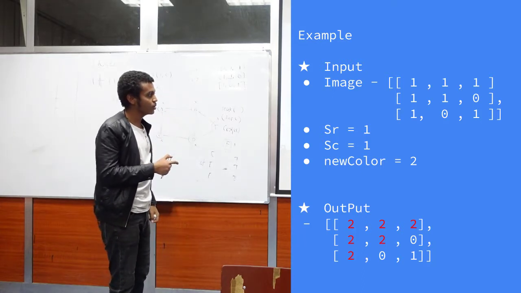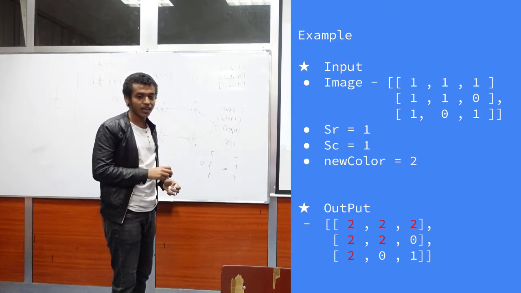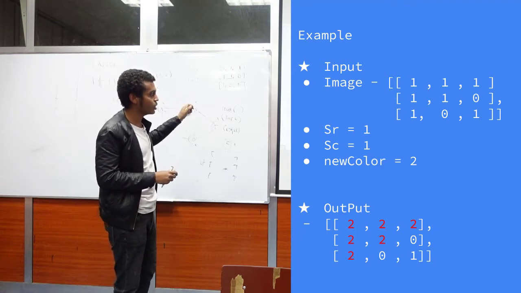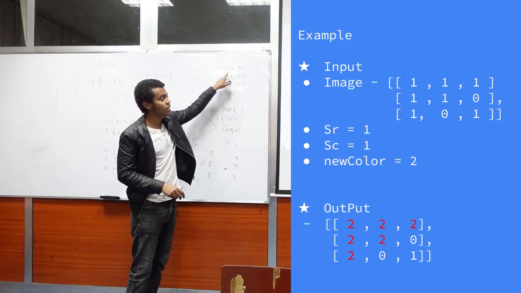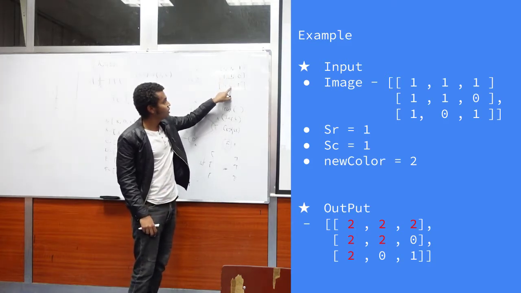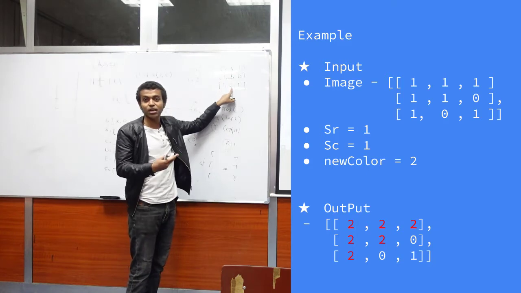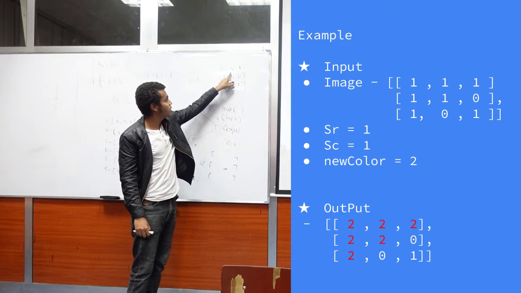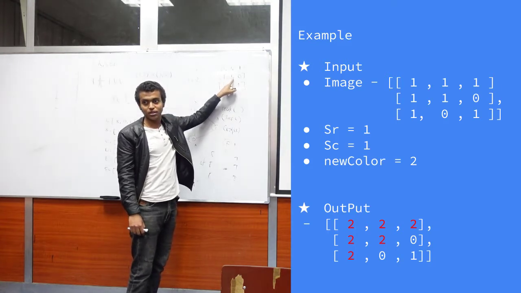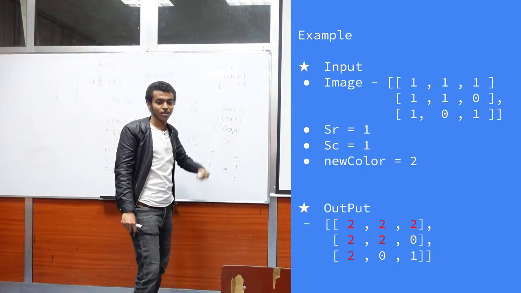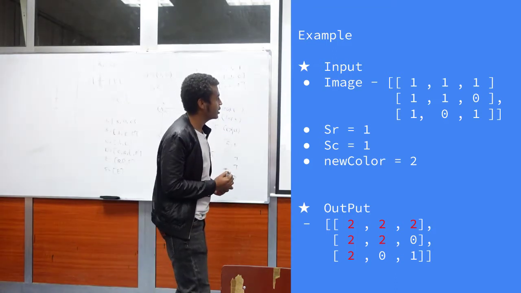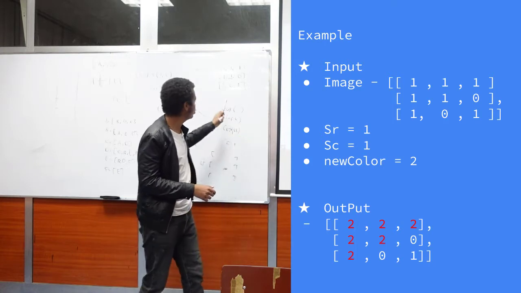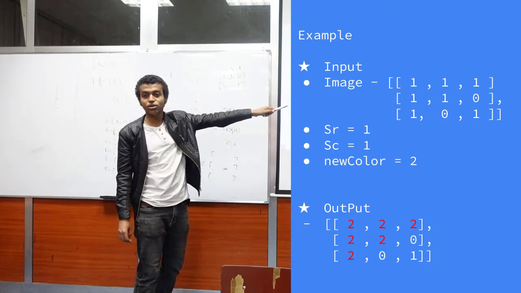But this statement has another condition that says, in order to be a neighbor, you also have to have the same color. So these two zeros can't be the neighbors because they are not the same color as this pixel. Is it clear? Okay.